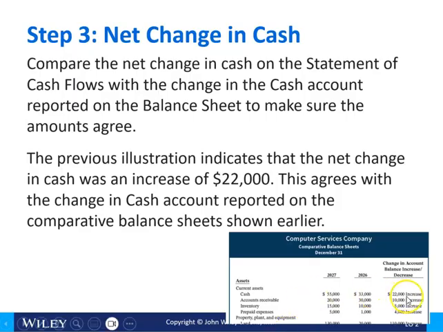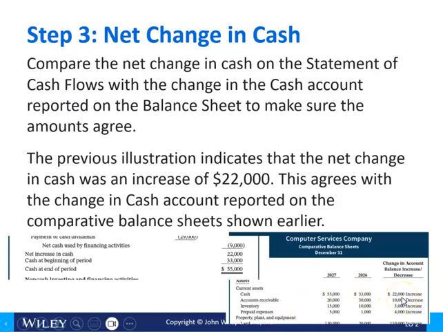So that $22,000 increase here, and we look at it here in the cash flow statement, there's the $22,000. We add it to our beginning balance to get a $55,000 ending balance, which is what we're showing on the balance sheet. So that proves that we accounted for everything the correct way, cash inflows and outflows.